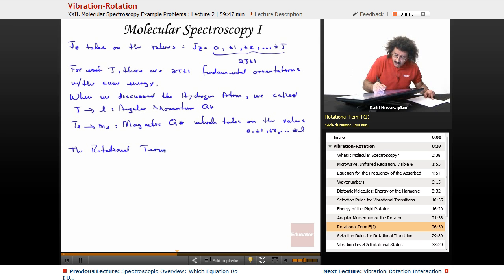The rotational term is symbolized as F of J. Now, F of J is equal to E of J divided by hc. It's equal to h bar squared over 2I hc times J times J plus 1.